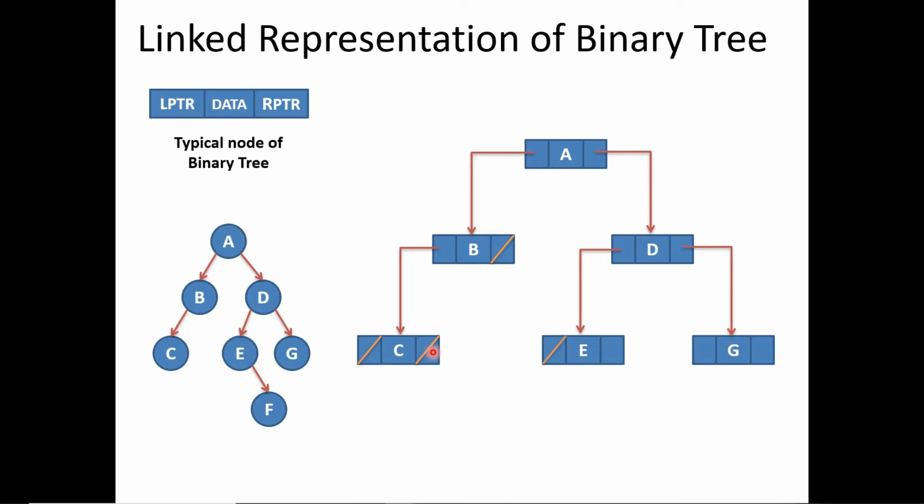Now again E has no left child, so the left pointer of node E becomes null, and E has right child, that is F, so we have to put this F in data part of this node. Now G has no left and right child, so the left and right pointer of G become null. Now F again has no left and right child, so left pointer and right pointer of F become null. So this is the link representation of binary tree.